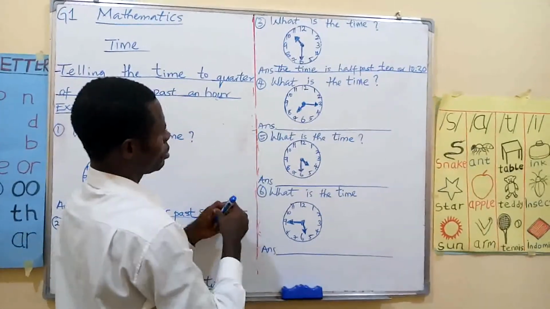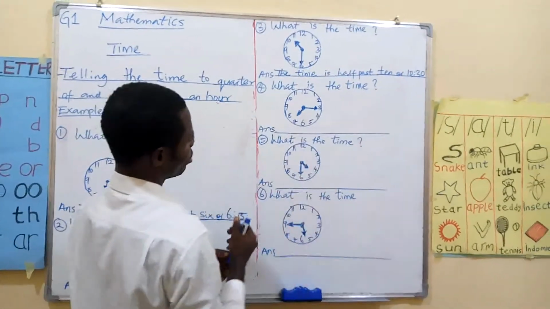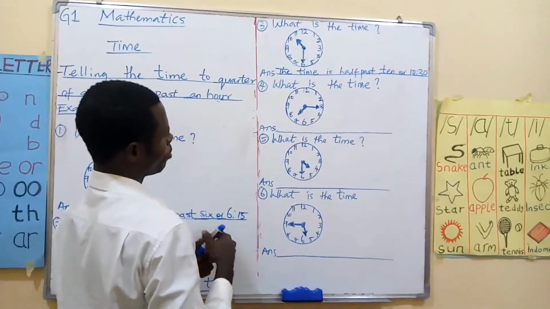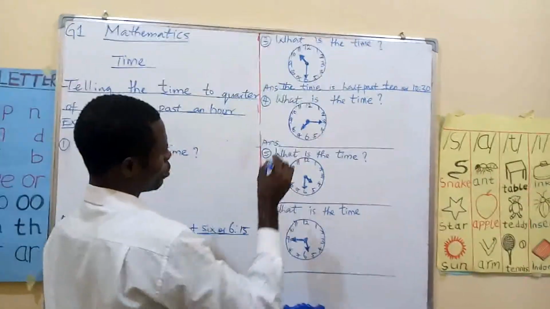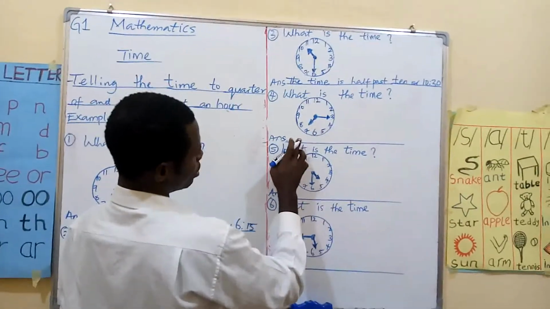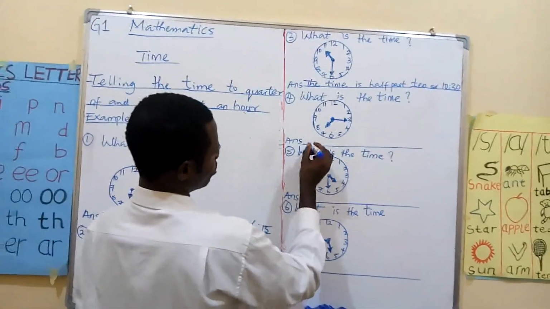Right? Looking at this other face of the clock, what is the time? Number 4. Time is quarter past what? 7.